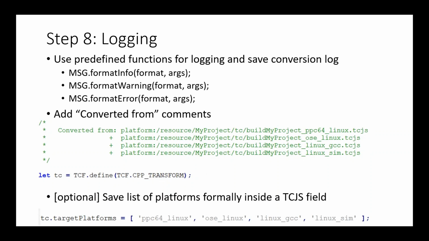So in the future, you will just store this conversion log, and if there are any problems with the newly created generic TCJS files, you just can check what was in the log, were there any warnings or errors during conversion.